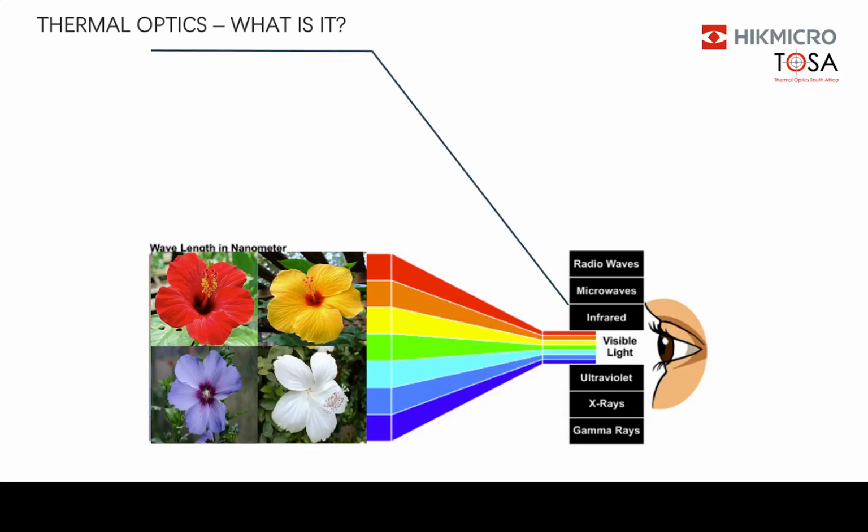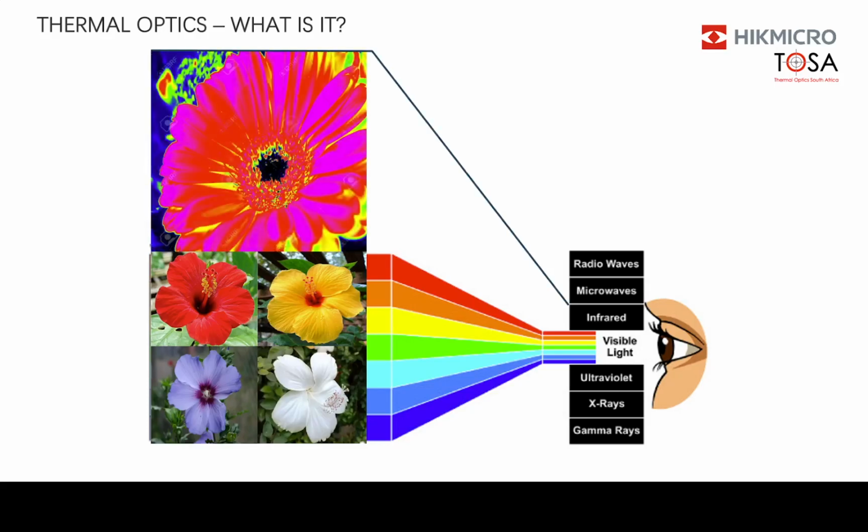Above the 700 nanometer range, we have the infrared light spectrum. Now you see another image of a flower. In this instance, it is actually heat, also known as infrared, or shall I rather say the heat manifests itself as infrared radiation.